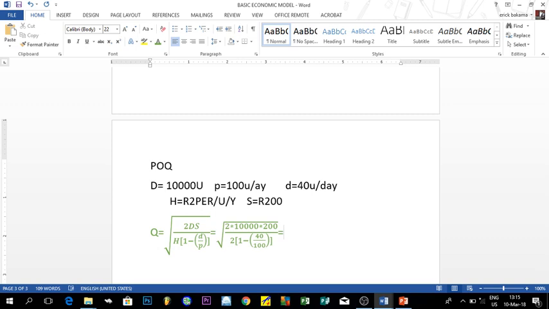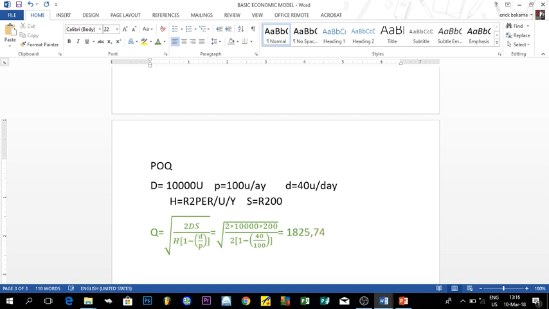Based on that, we put everything into our calculator: 2 times 10,000 times 200, and then we divide by 2 times 1 minus 40 divided by 100.